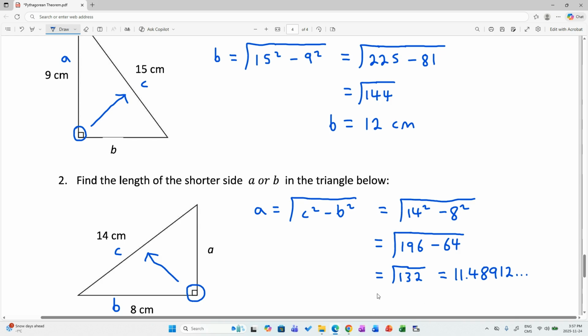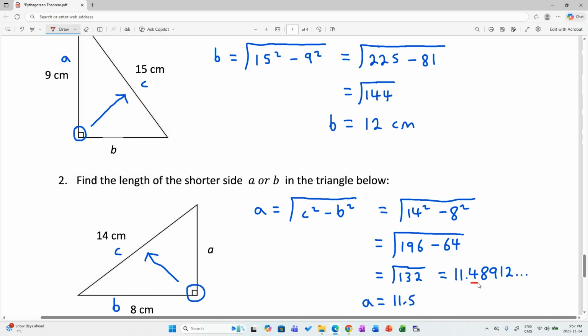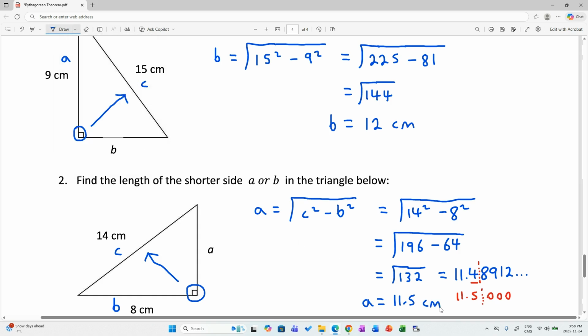If I were to round it to the nearest tenth as an answer, I would simply say A equals 11.5, because the 4 is my tenths place and the 8 is 5 or greater, so it rounds up to 11.5, and everything else after that becomes a 0. So my final answer for A would be 11.5 centimeters.